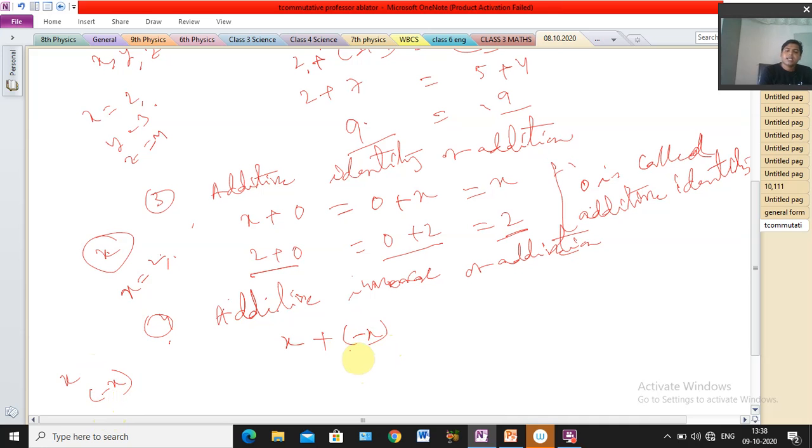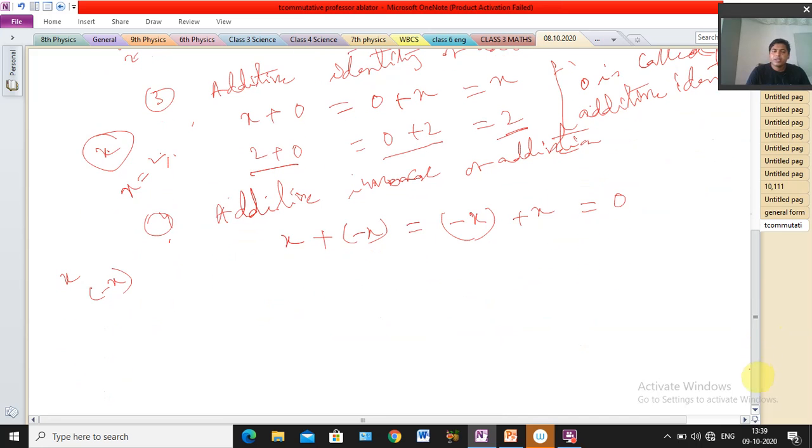So we take x, as well as the inverse of that variable, minus x, and we do addition. If we do addition, what will we get? We will get minus x plus x equal to 0. Try to understand this one. We are taking x, and the inverse of x is minus x.